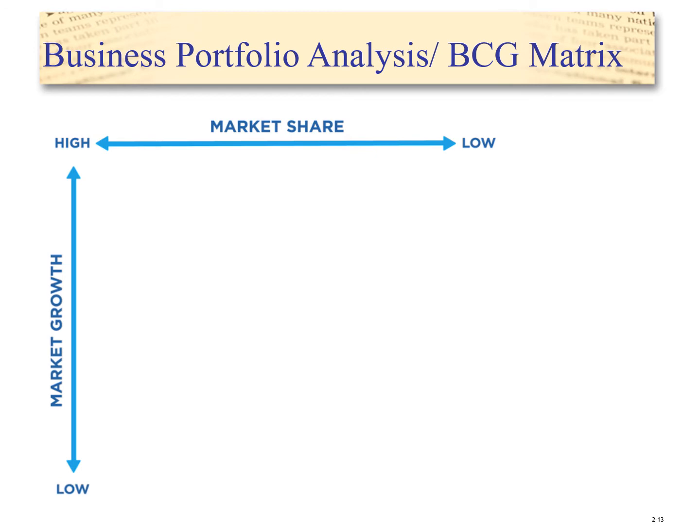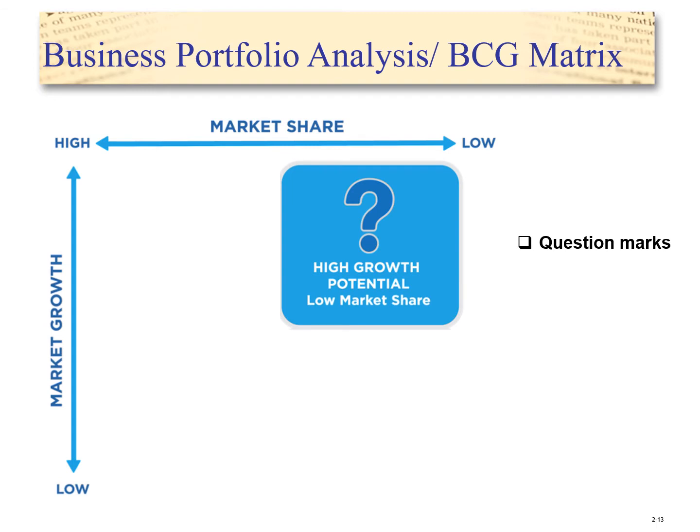In this matrix, we draw our X axis as market share, high to low, and then we draw our Y axis as market growth, again, high to low.